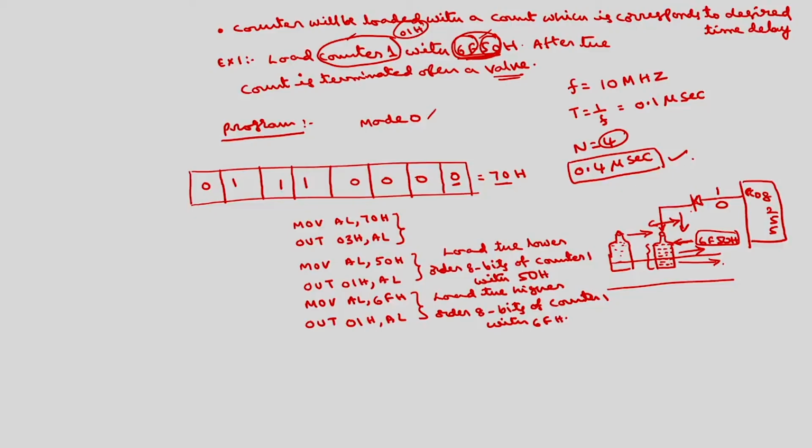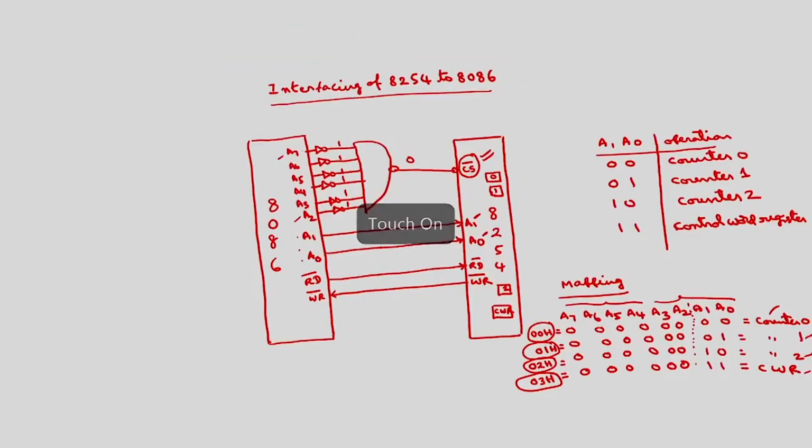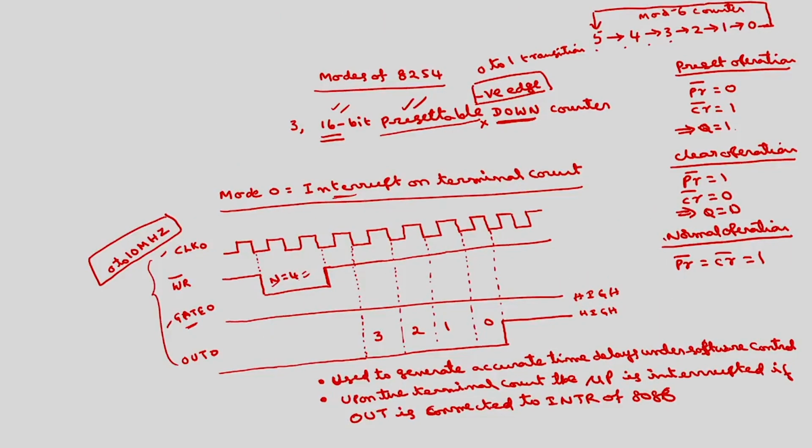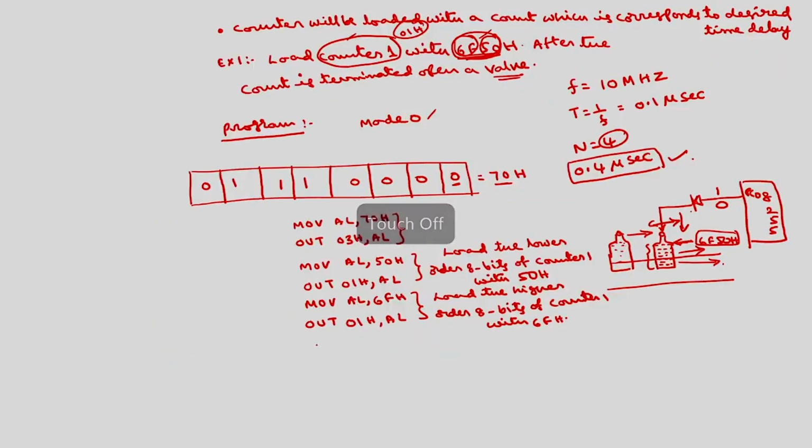So, then the operation will start. Once you make this gate equal to high, after this read bar goes to high, from the next negative edge onwards the count will start. At this point the count will end, and here it will be terminated. So, you have to wait until the count is terminated, so jump here itself.